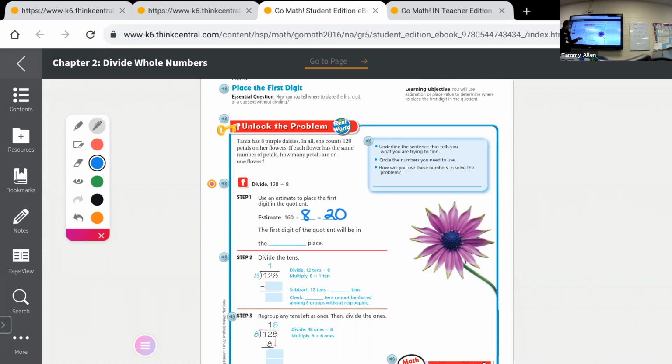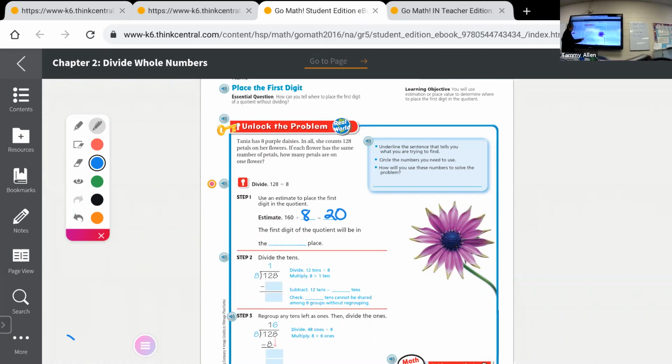So now when we do the actual division, we take a look at 8 goes into 12, how many times? Well, the most it could go in there is 2, but does 8 go into 12 2 times? No, because 2 times 8 is 16 and it's too large, so we have to chunk it down 1, so we can only use a 1, right? So 1 times 8 is 8.